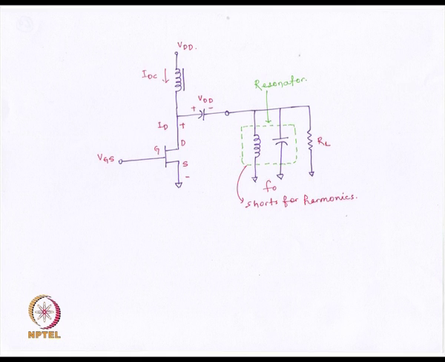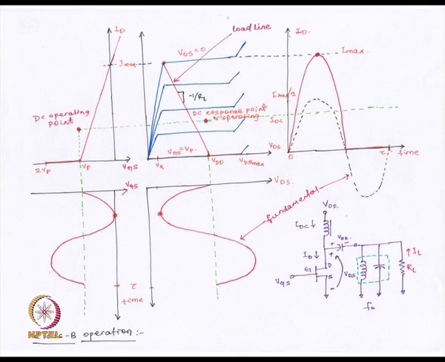Let us see what happens in class B. In class B, instead of just an RL, we now have a resonator with a resonant frequency of F0 connected in shunt with the load RL. Remember that this choke ensures that the total DC current consumed from the source VDD is constant. For class B, as I said, it conducts for exactly 180 degrees.